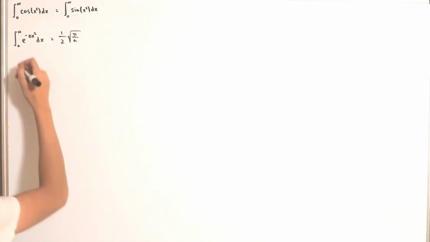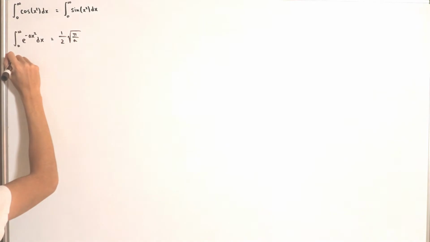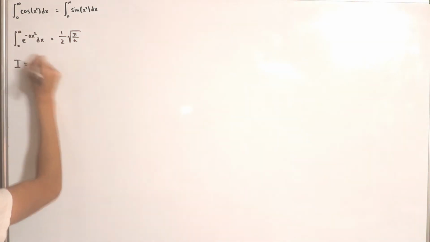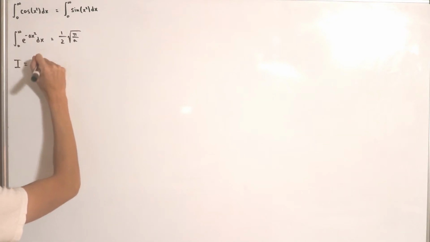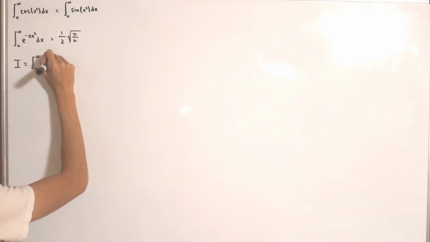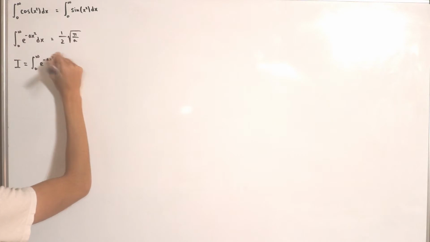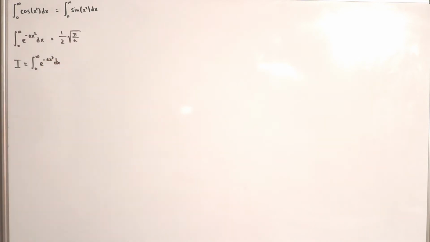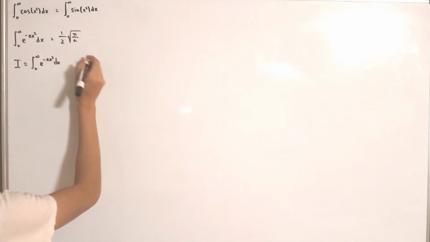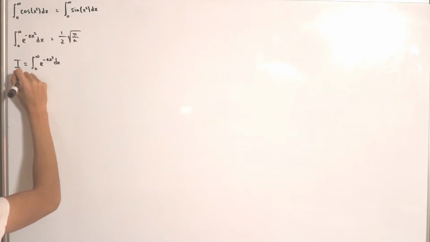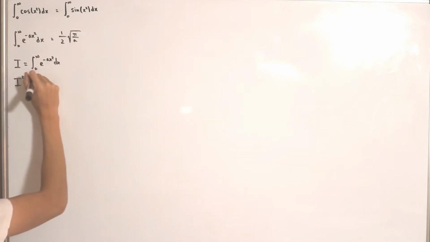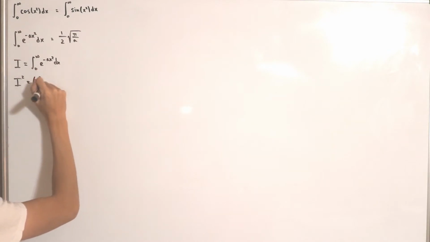Just like before, I want to define capital I to be this improper integral, the integral of e to the negative a x squared dx. Now let's square this, so multiply this quantity twice, and instead we substitute a dummy variable.